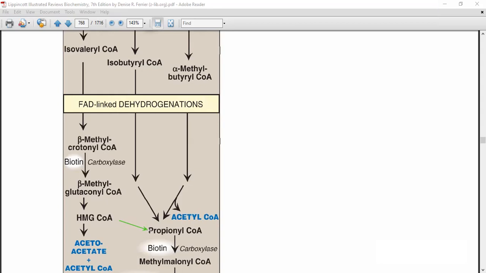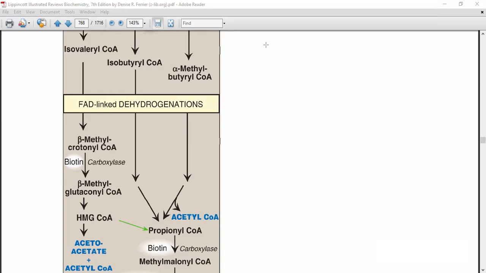Propionyl CoA can be converted to succinyl CoA. I will be showing you that later. So that is why I've said valine is strictly glucogenic, because it will only form propionyl CoA.